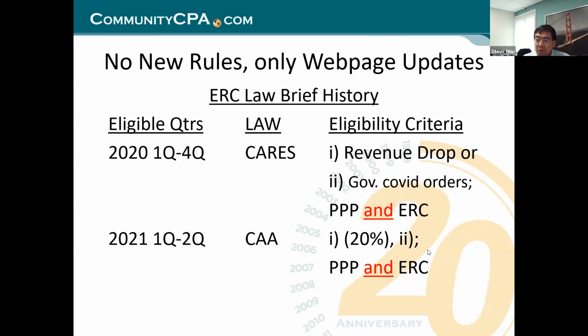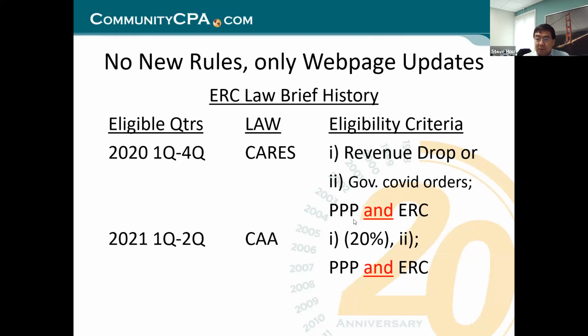And of course the same government COVID order would apply in those 2 quarters as well, as long as there's a qualifying government order that required your business to either fully or partially shut down.